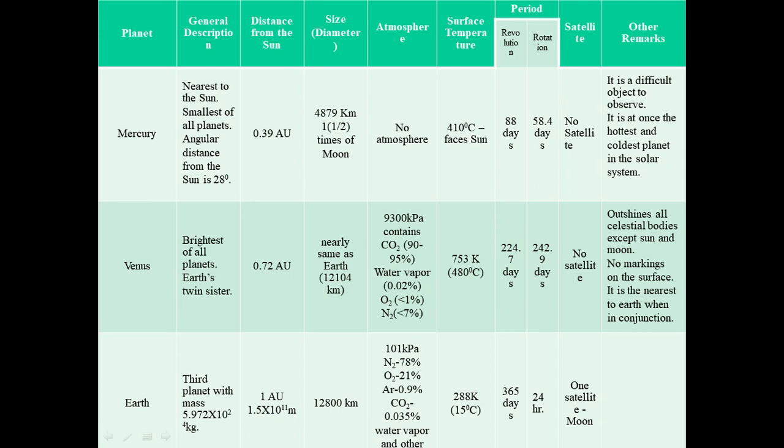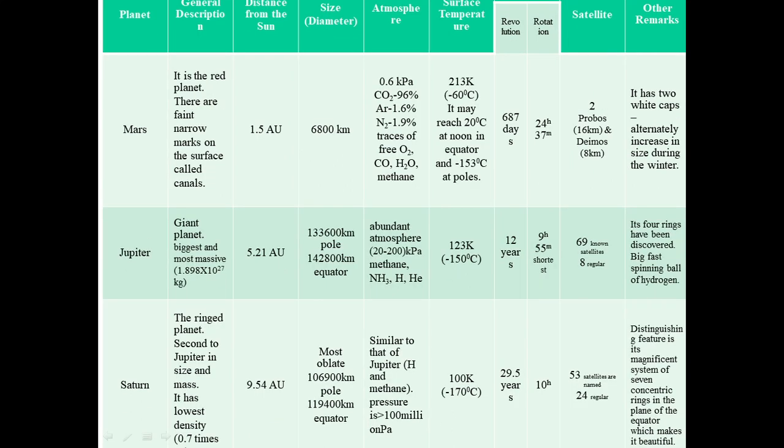It is also the smallest of all the planets, and its diameter is 3100 miles, or about 1.5 times that of the moon.